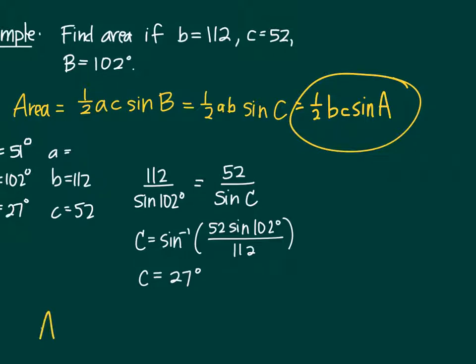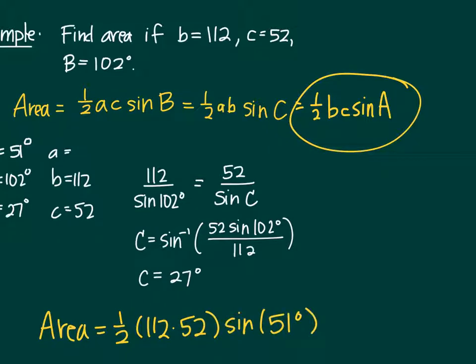So my area will be 1/2 times B, which is 112, times C, which is 52, times the sine of 51 degrees. And you just type that straight into your calculator using parentheses, and it will tell you exactly what the area turns out to be.